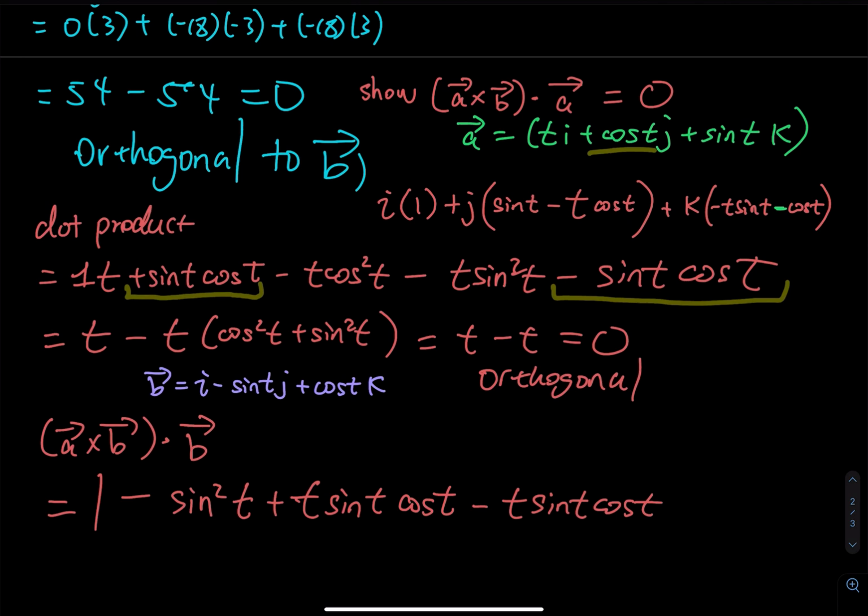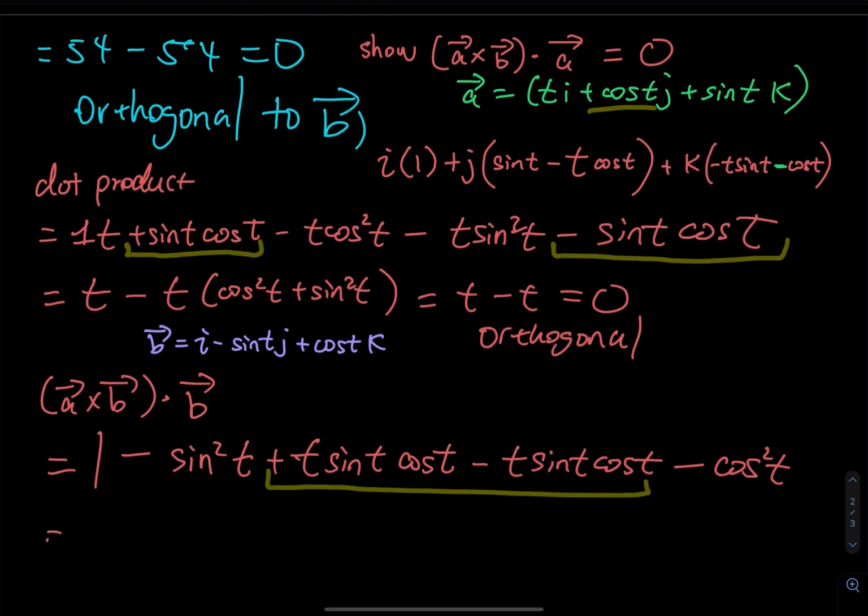And then plus minus is a minus cosine square of t. Okay, what can be cancelled? Obviously these can be cancelled. And then we have 1. I'm going to do the same trick, factor the negative out: sine square plus cosine square, that is 1. So we have 1 minus 1 equals 0.